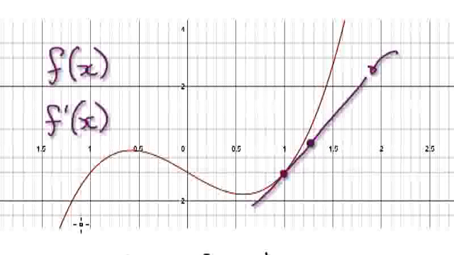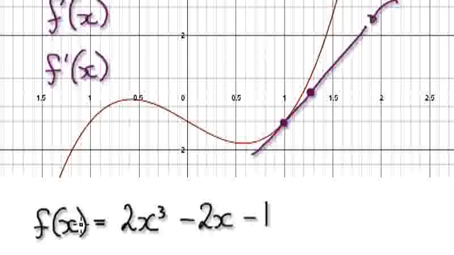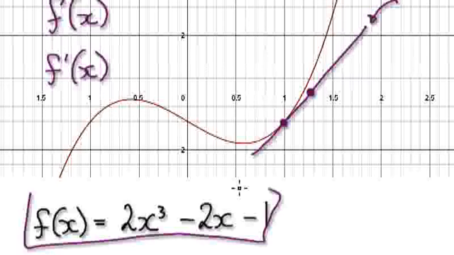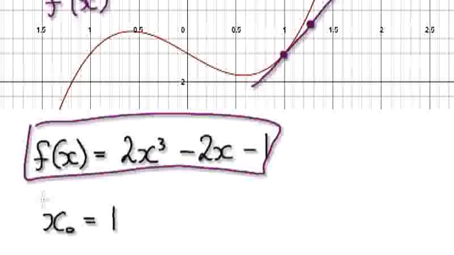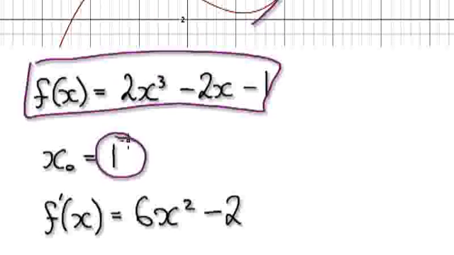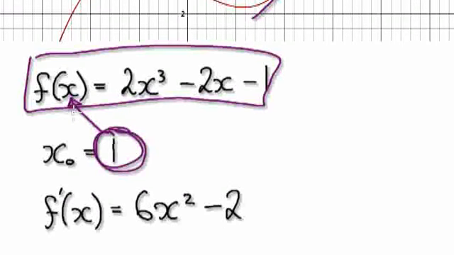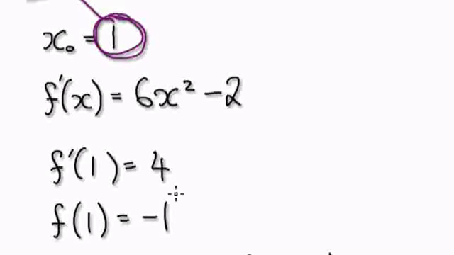Once you've got the equation of a straight line, set the equation to be 0. Hang on, let's start again. You start out with your function and your guess. You would put your guess into the original function, and that would give you -1 here.